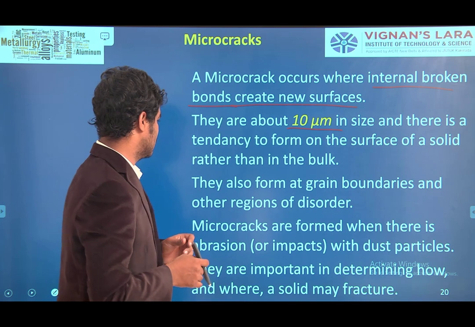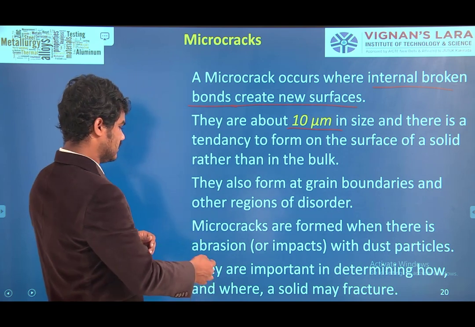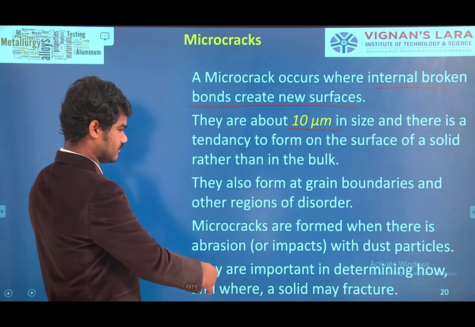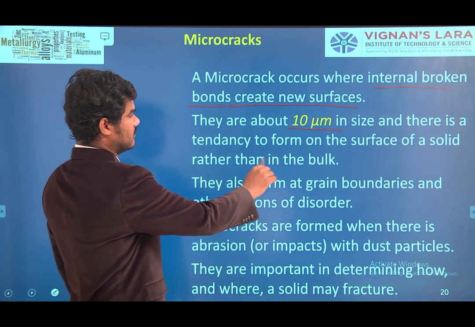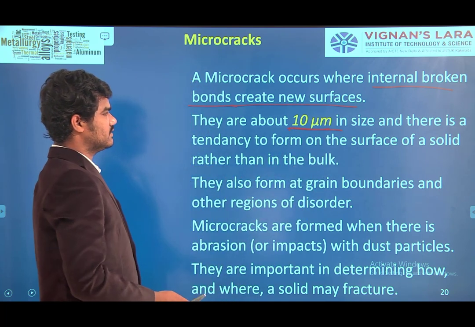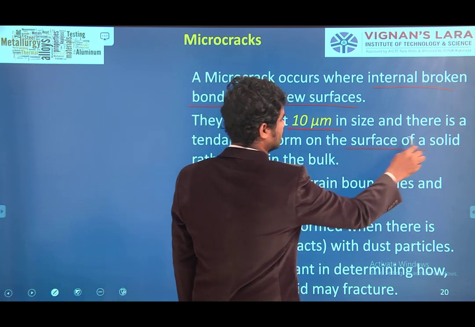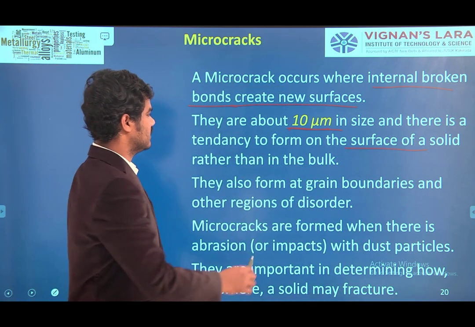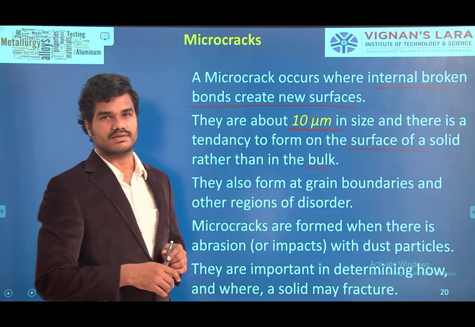That's what I mentioned here. Also, microcracks form when there is abrasion. Microcracks are of 10 micrometer size, and there is a tendency to form on the surface of a solid rather than in the bulk. On the surface only, microcrack formation will happen.